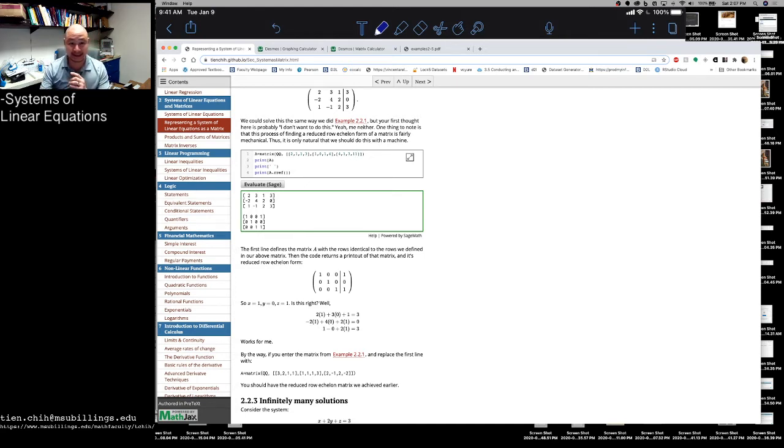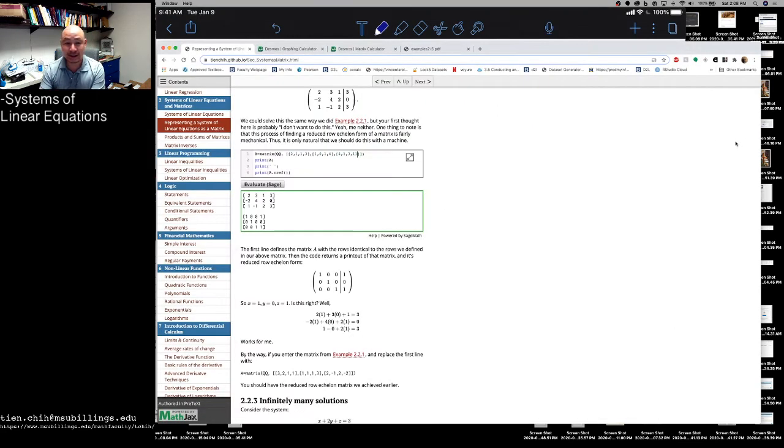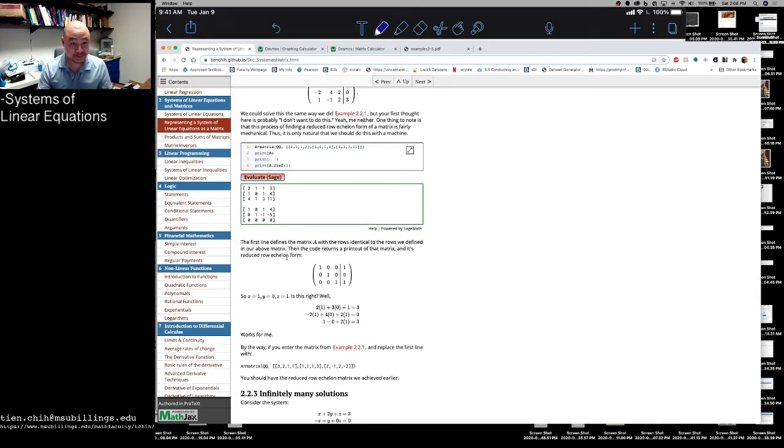Right? Those are the three rows corresponding to our three equations. So now when I go ahead and evaluate this, well, there's my non-reduced row echelon matrix, as we saw before, and this is what happens afterwards.